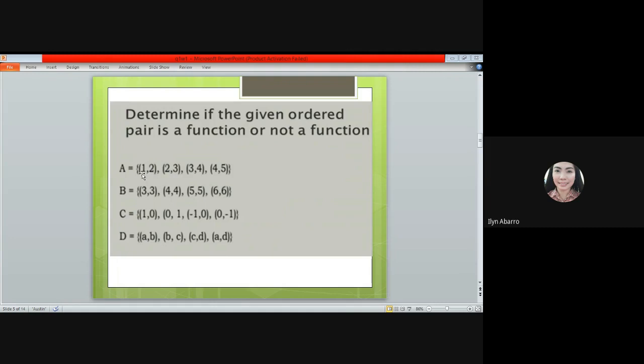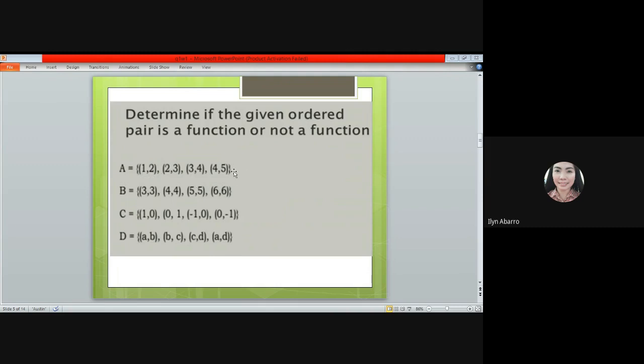Here, our domain is 1, our range is 2. Since this is a set, our domains are 1, 2, 3, 4. Those are the x coordinates. And the y coordinates or the range are 2, 3, 4, 5. This is a set of relation.